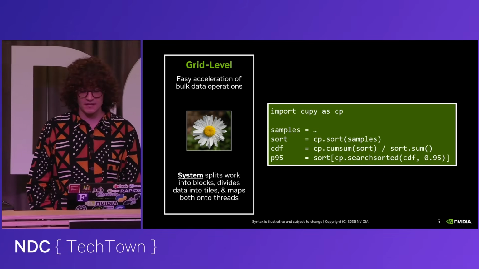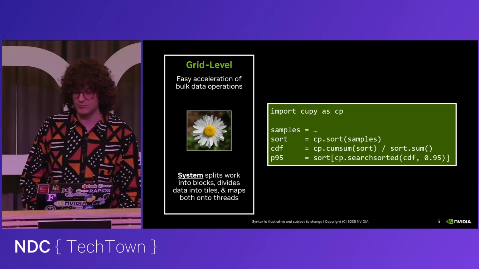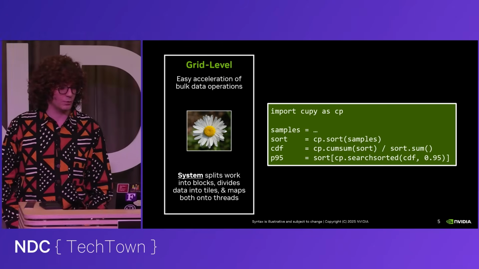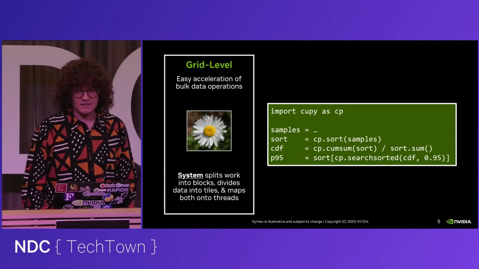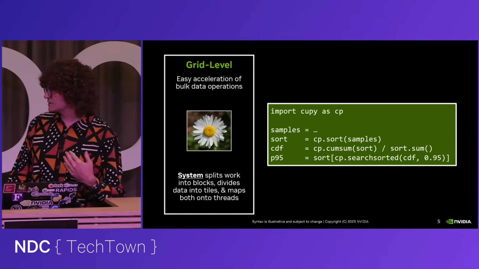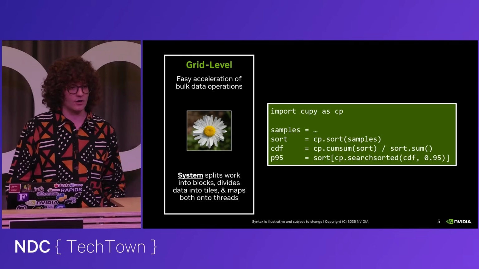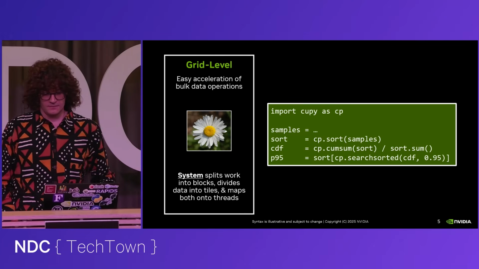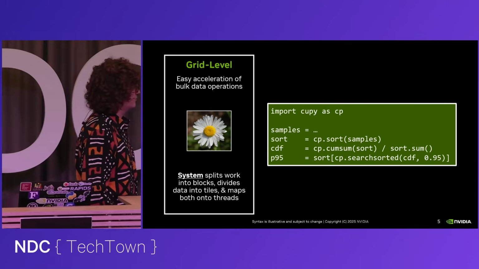The system does this for you automatically, deciding how to divide up the problem and map it to execution resources on one or more GPUs or other devices. In fact, as far as you're concerned as a programmer, from your frame of reference, many of these models have the appearance of being sequential. So this is the easiest and most common approach to GPU programming.